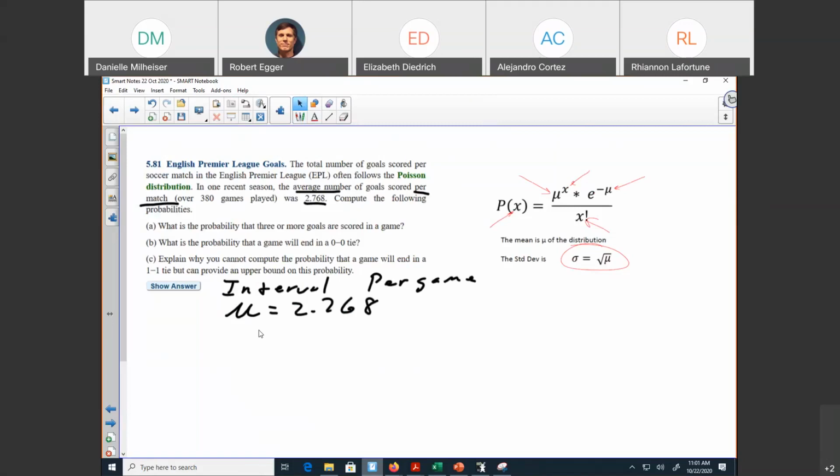So here's the difference between binomial and Poisson. A binomial, we have to have a fixed number of trials. It can't go on forever. With Poisson, there is no upper limit. Technically speaking, is there a limit to how many goals can be scored in a game by both sides combined?